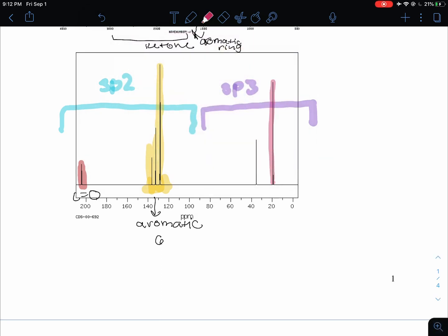And then these two spikes right here tell us that there's 2 other carbon groups that are just sp3 bonds.